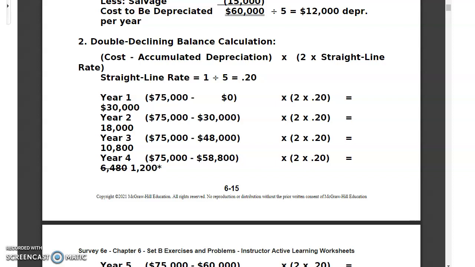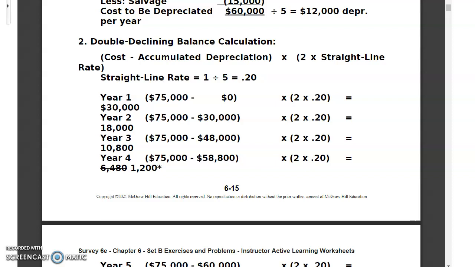$75,000 minus 0 times 2 times 0.20, or times 40%, is $30,000 depreciation in the first year. Now, the second year, this is where the declining balance part comes in. Beginning balance, again, is the $75,000 original cost, minus the accumulated depreciation.